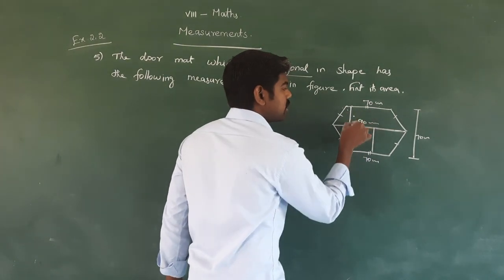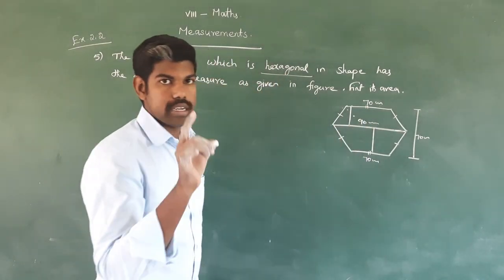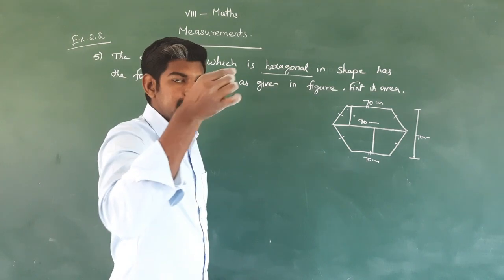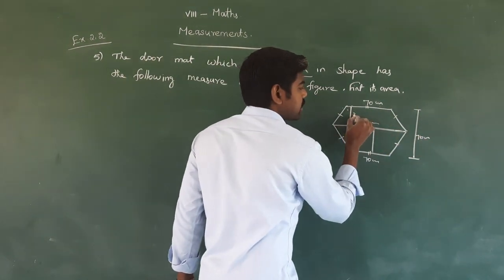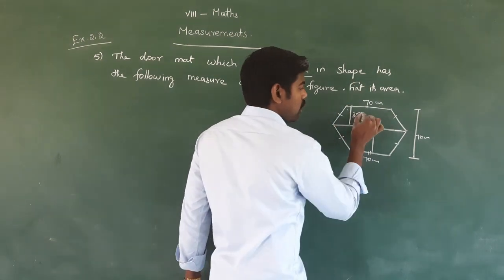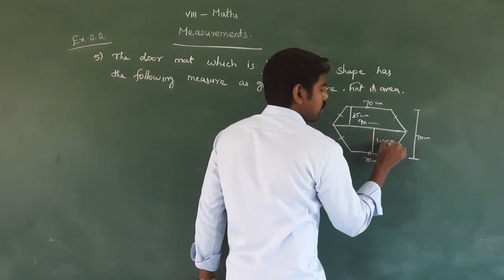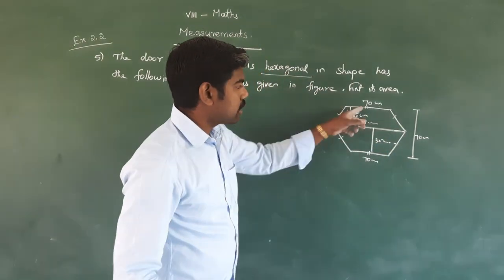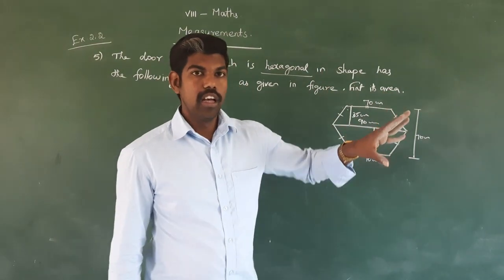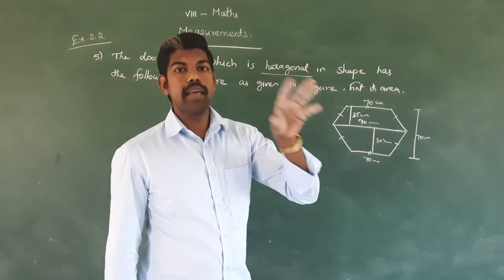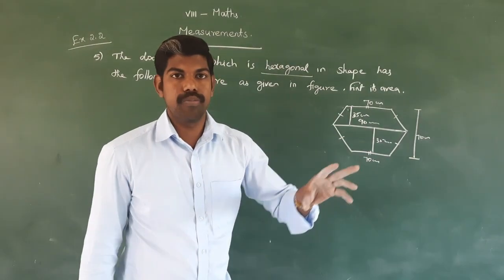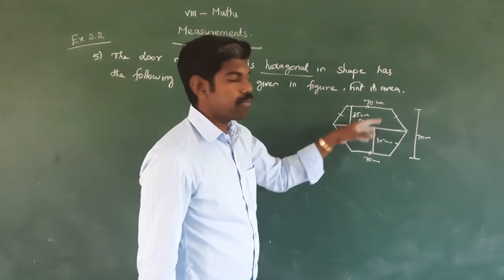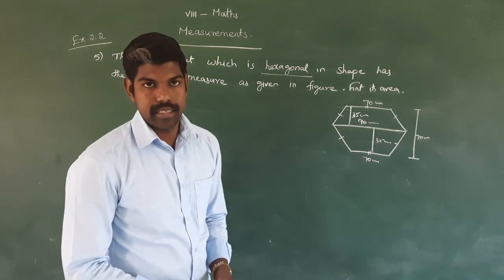So height of one trapezium is the total height divided by 2. 70 divided by 2 is 35 centimeter. So here also 35 centimeter. So each trapezium has the same measurement, so each trapezium has the same area. So first find the area of one trapezium and multiply by 2. We get the answer. Okay.